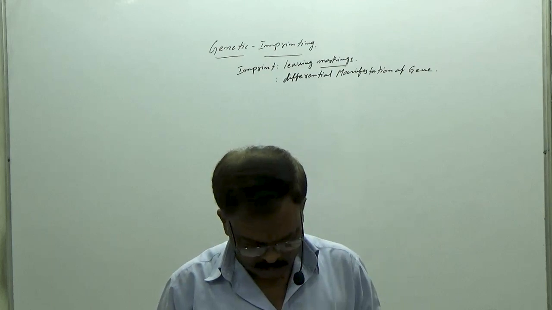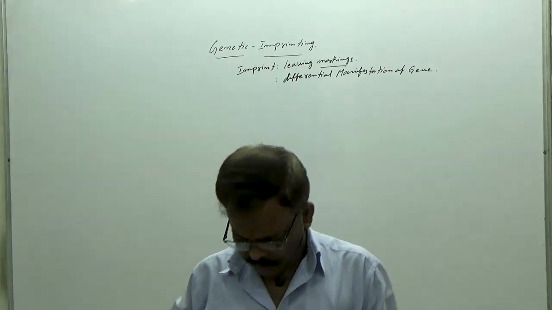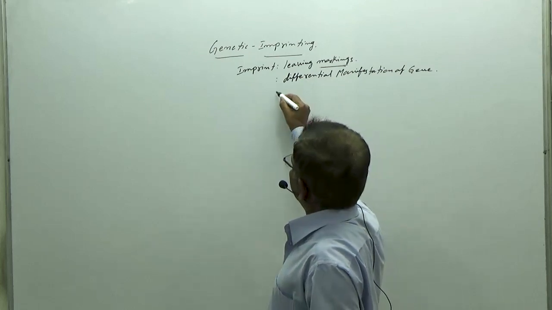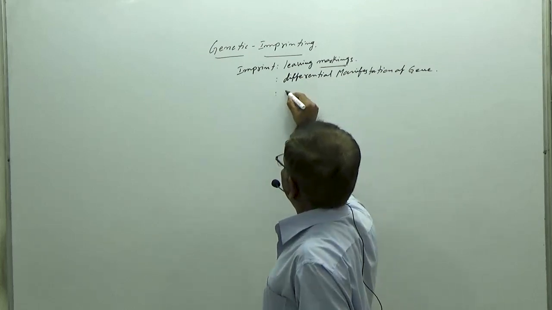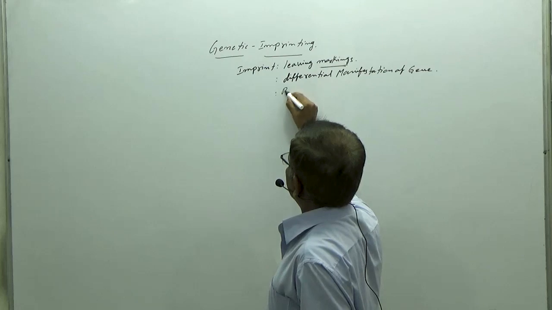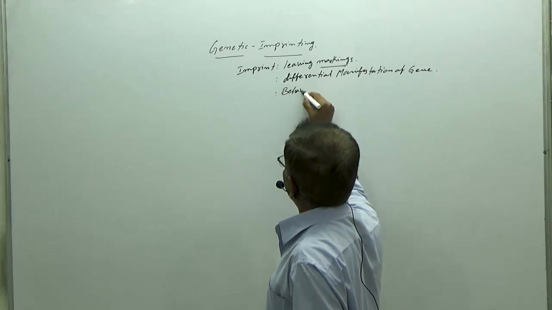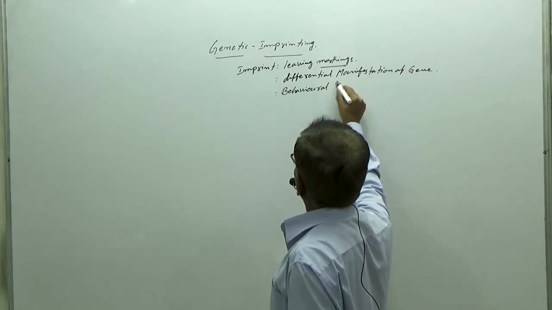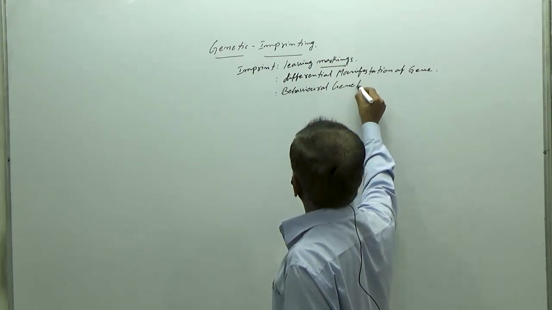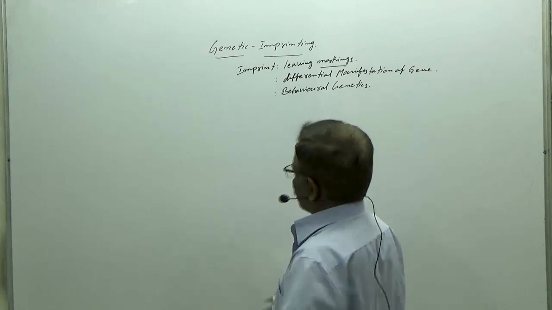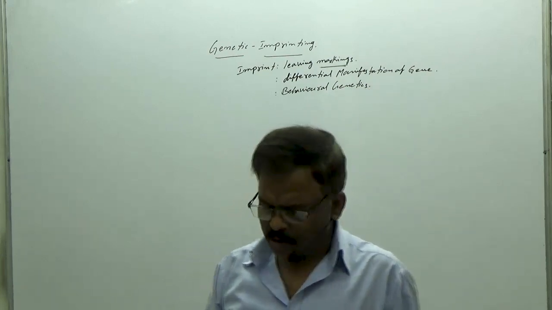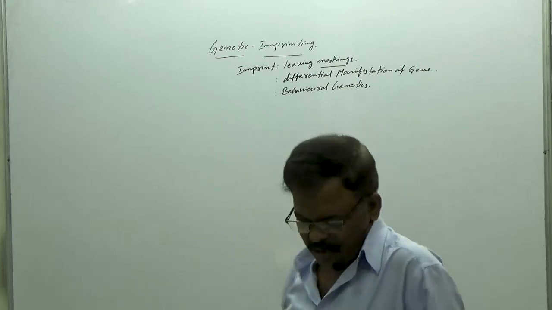That means, very simple, genetic imprinting is a concept of behavioral genetics.